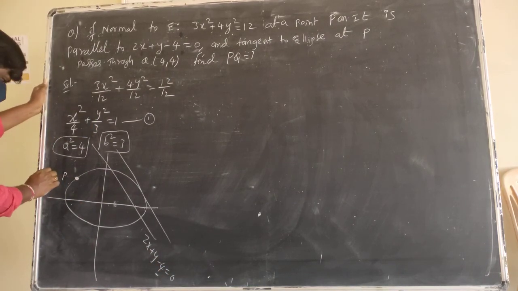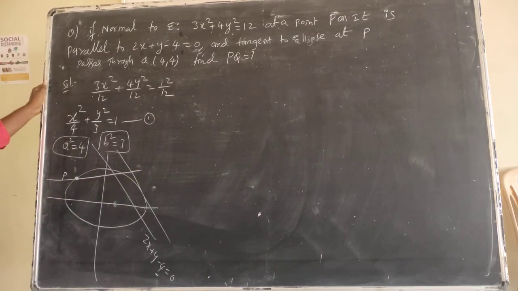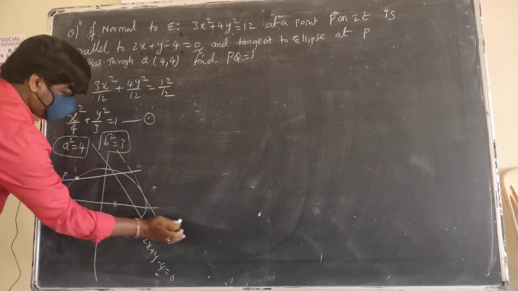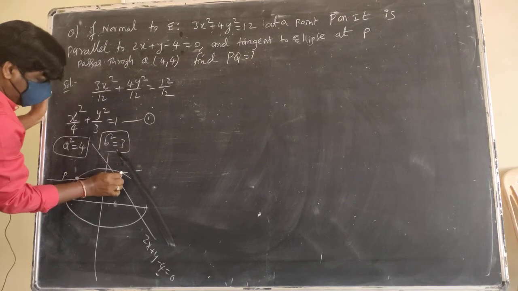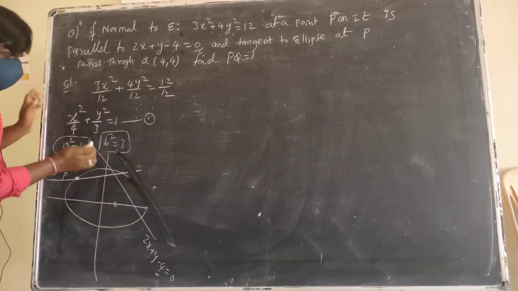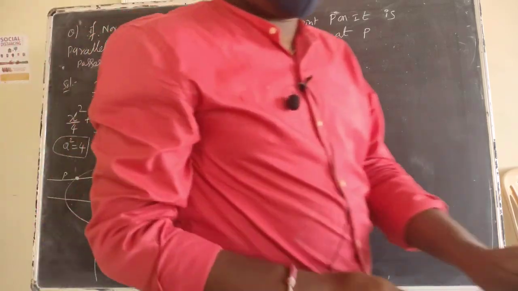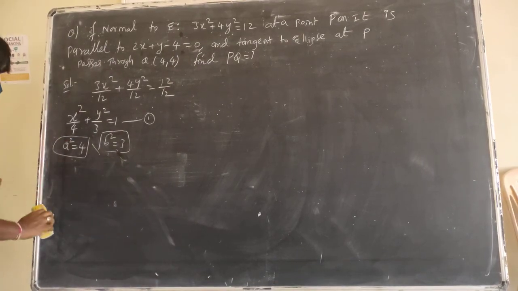For this, you are drawing a perpendicular to this tangent. Okay, I'll draw once again. What I want to say here, you need to understand the question.